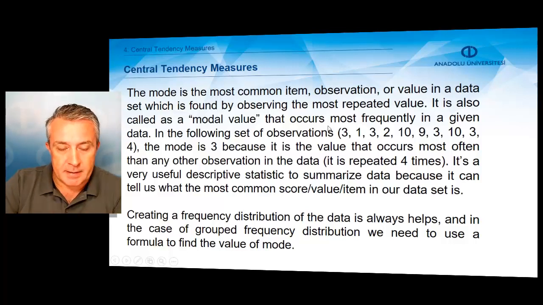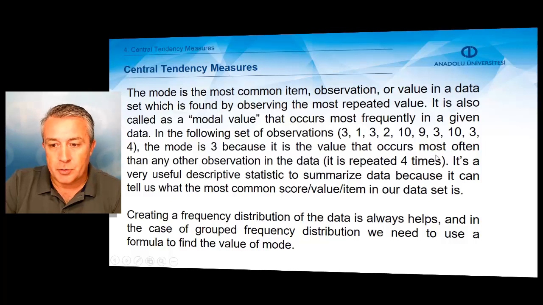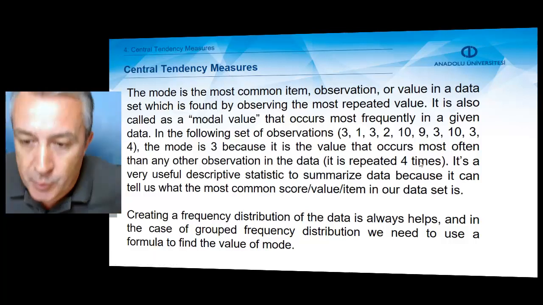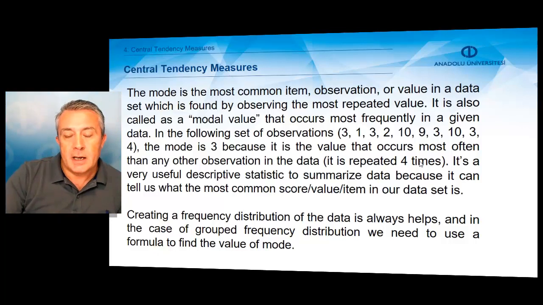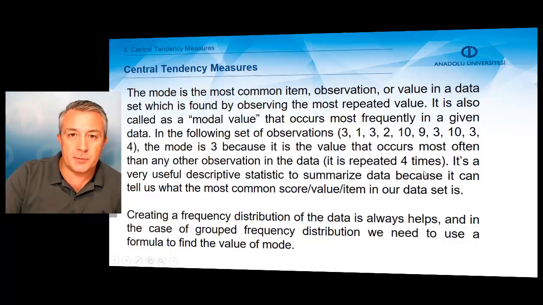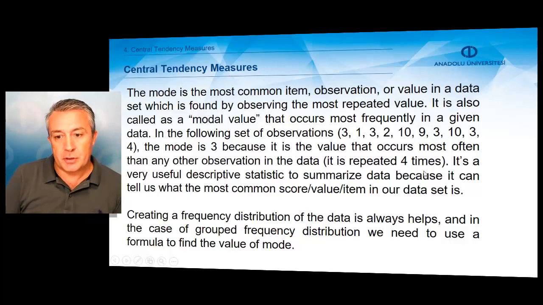Sometimes in your exams, you find the most frequent observation, which is 3, repeated 4 times, and you think the mode value is 4. No, the mode value is 3, and the frequency of how many times it is repeated is 4. So be careful. Once you find the highest frequency, don't think of it as the mode.